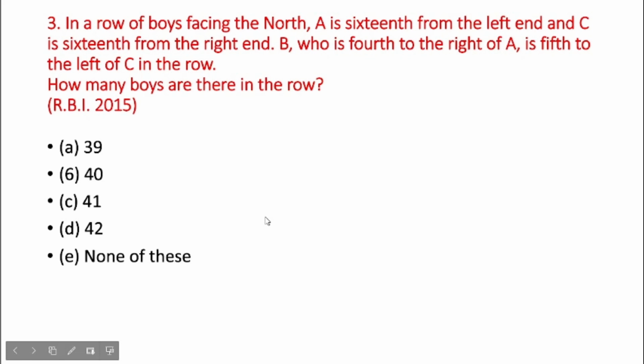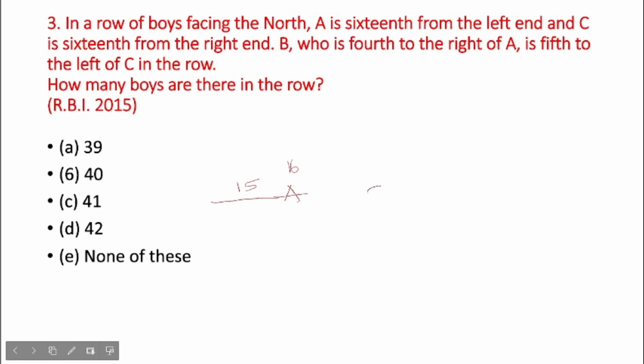So A is 16th from the left. That means, for understanding, there are 15 people before A, right? And C is 16th from the right end.